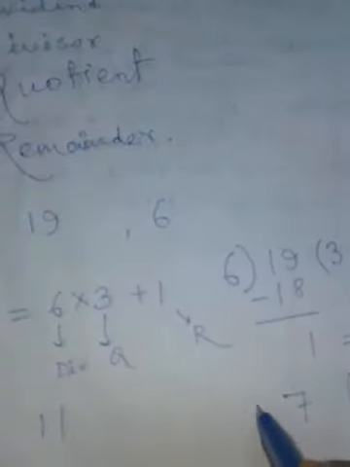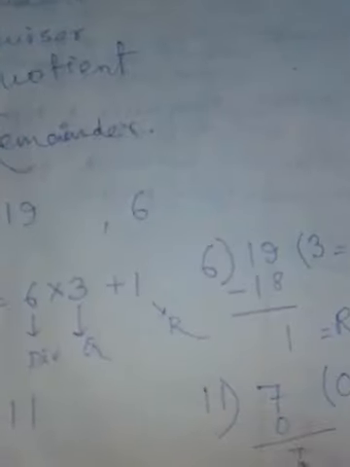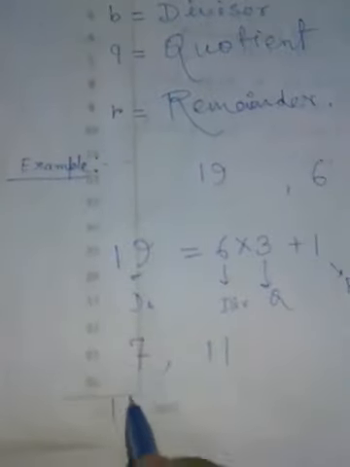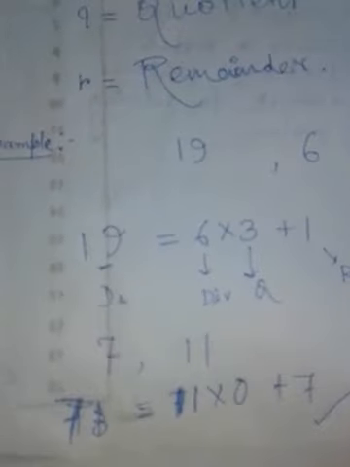Again, another example, 7 and 11. If we divide 7 by 11, then 0 is the quotient and 7 is the remainder. Then we express 7 as 11 into 0 plus 7. This example also satisfies Euclid's division lemma.